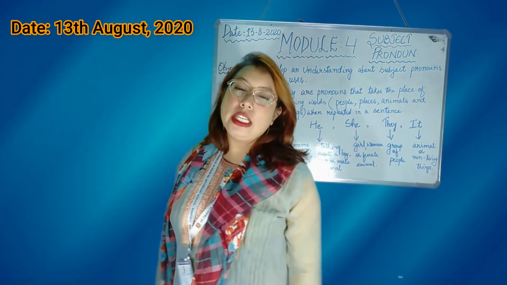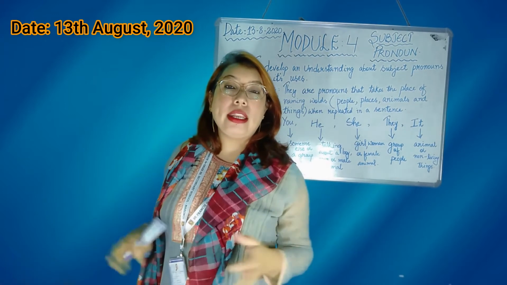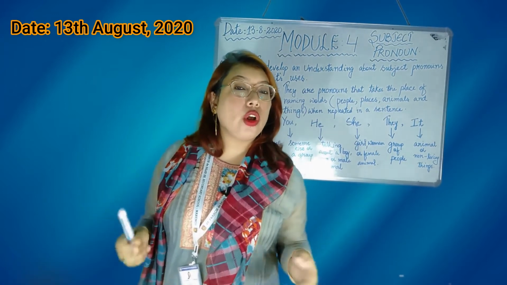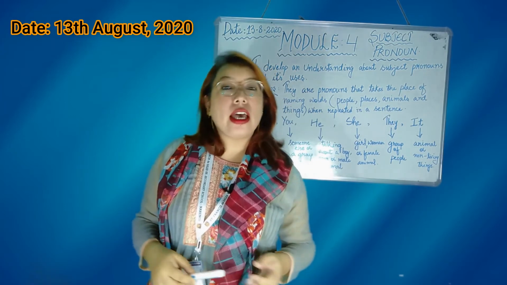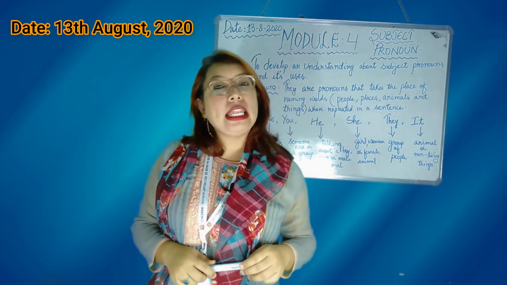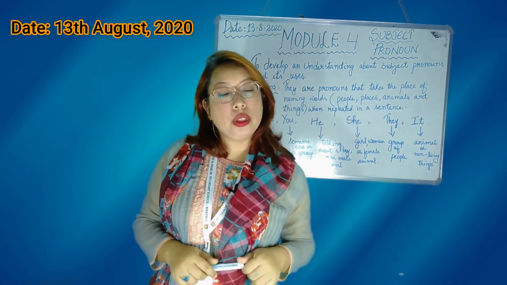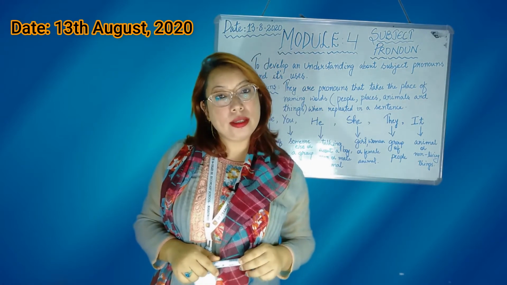Students, supposing I tell you a paragraph like this, all of you listen to me carefully. Millie is a beautiful girl. Millie likes to go to school. Millie has lots of friends.